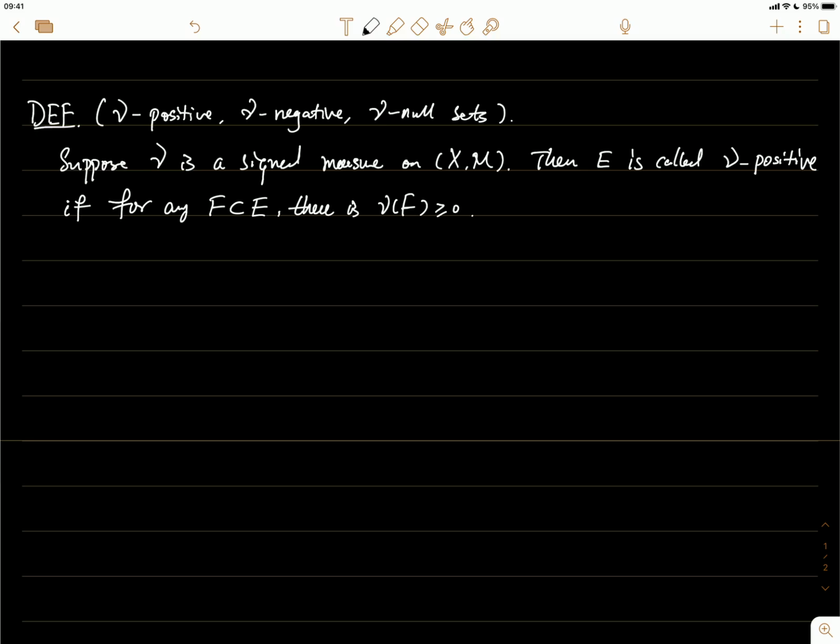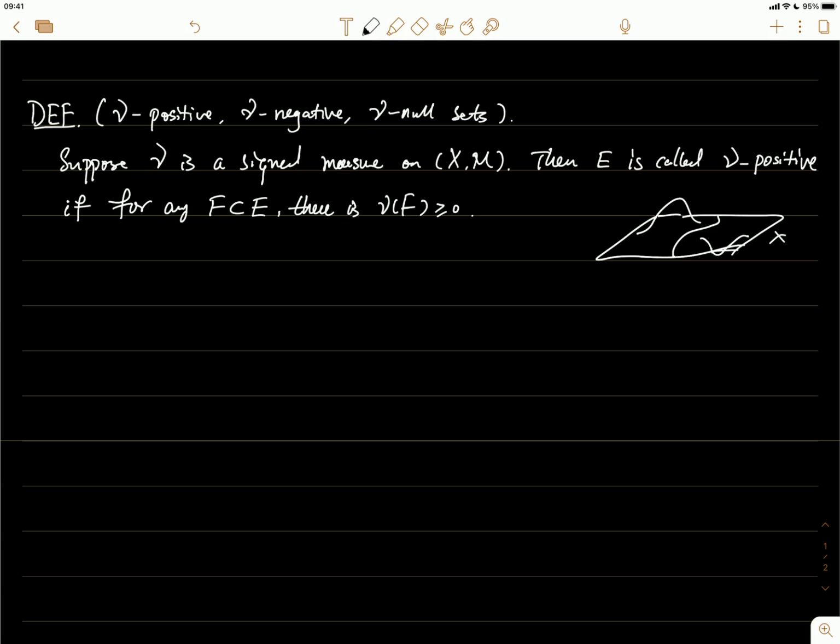Okay, so what is the meaning of this? Let's say that we have this as our X, and we have something like this, where over the left part the nu takes a positive value. It's kind of a function defined over here, and it takes a negative value on the other part.